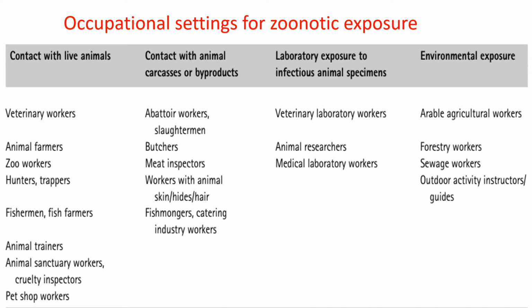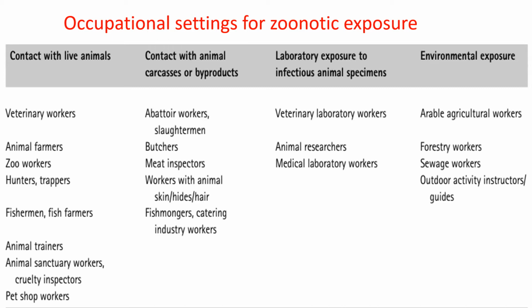Those in contact with animal carcasses or byproducts are abattoir workers, slaughtermen, butchers, meat inspectors, workers with animal skin, hides, and hair, fishmongers, and catering industry workers.